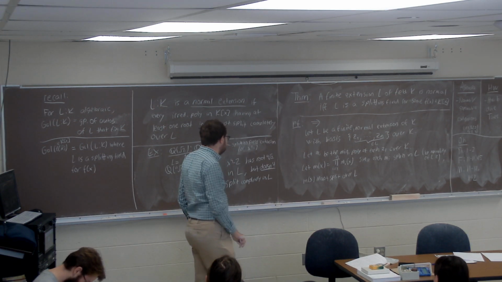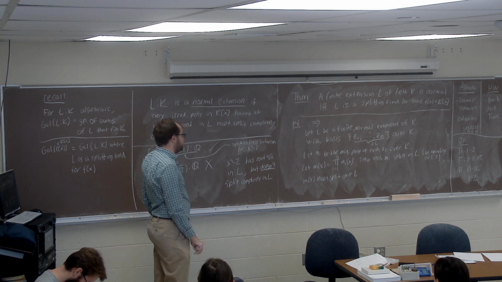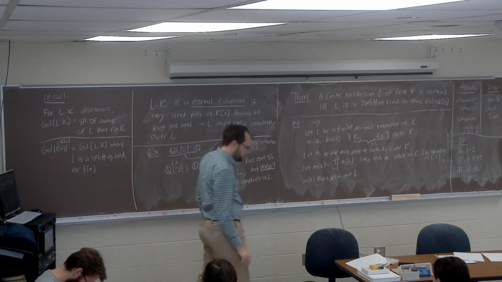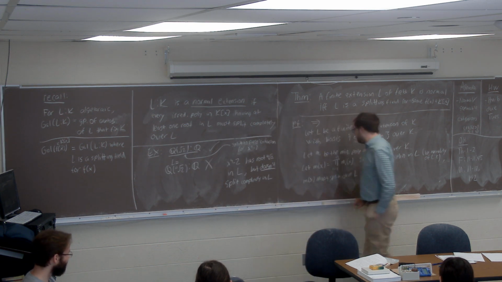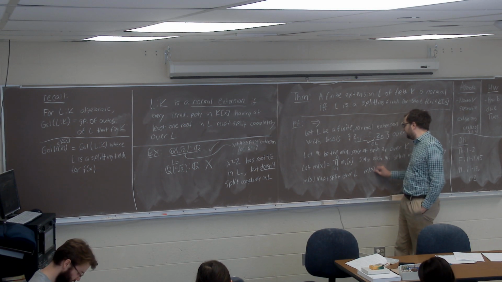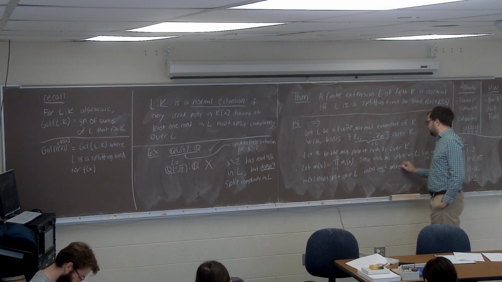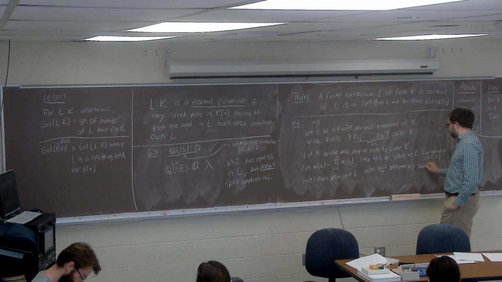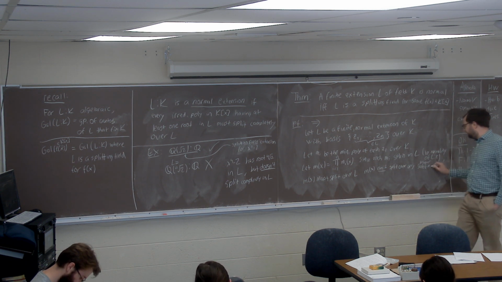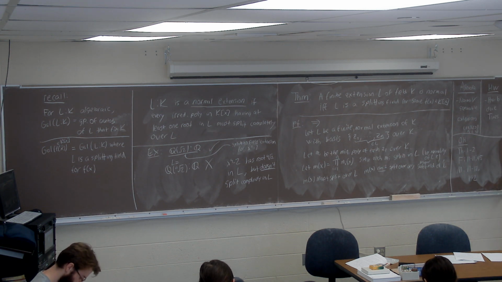So we know that L is a field over which this polynomial splits. And moreover, we can say m of x can't split over any proper subfield of L. And why is that?